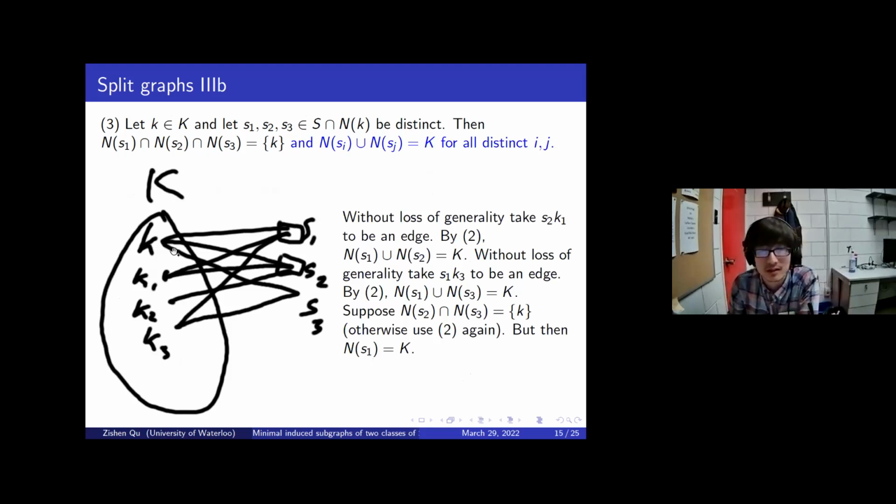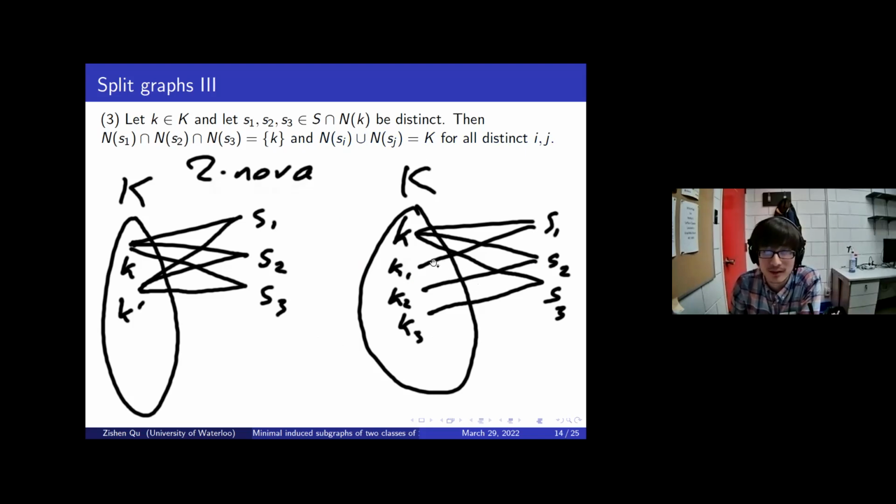If you just look at this diagram and there are no other edges between the right and the left, then it's a snare. The K1, K2, K3 make the triangle, S1, S2, S3 are pendant vertices, and K is the universal vertex to the net. So you're going to need some extra edges to make this not a snare.